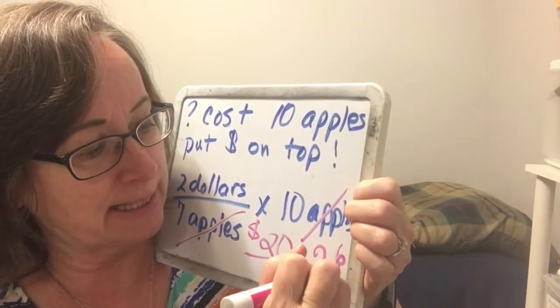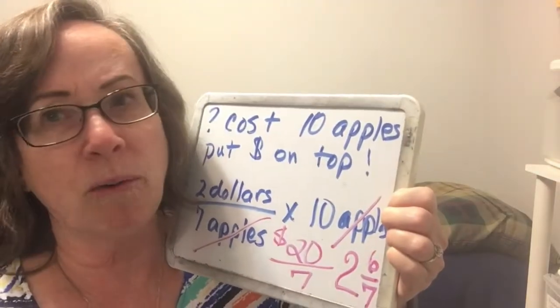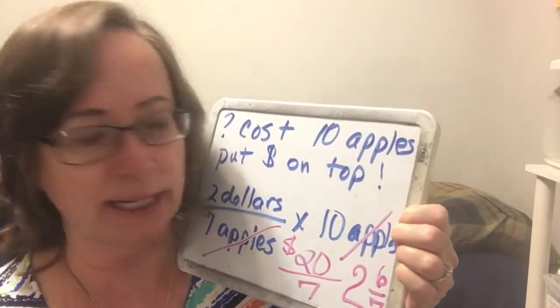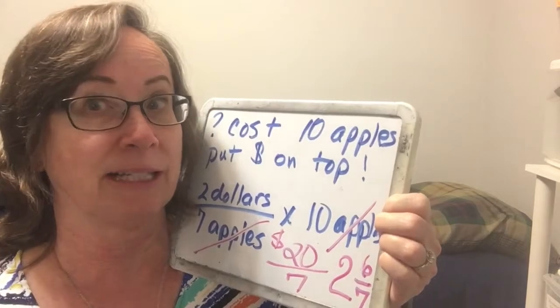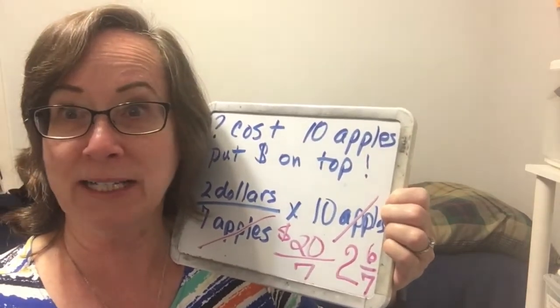So 2 and 6/7 of a dollar. Which we probably would want as money, so we would turn the 6/7 into a decimal instead of a fraction, and we would have our answer. The key is, what we want out determines what we're going to put on top.